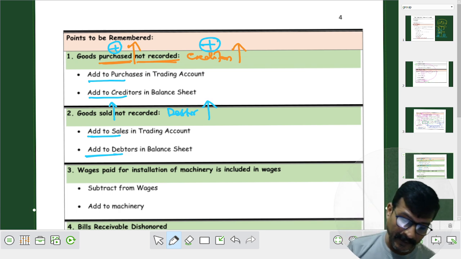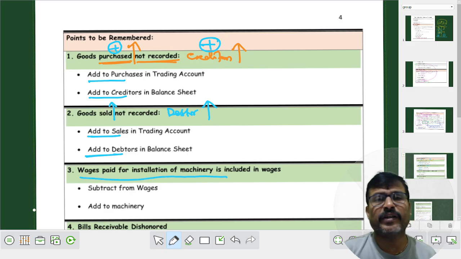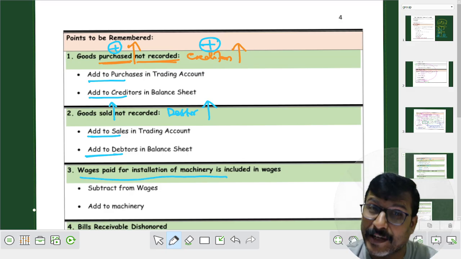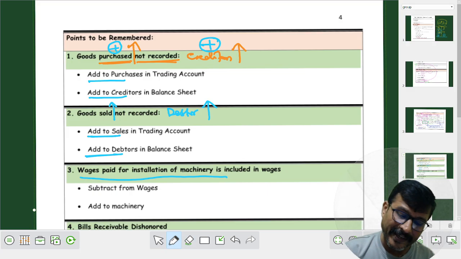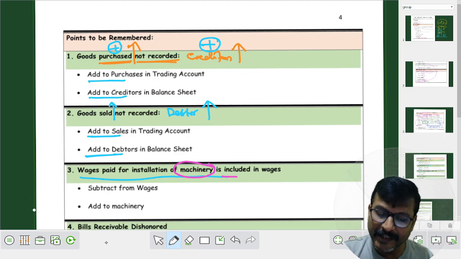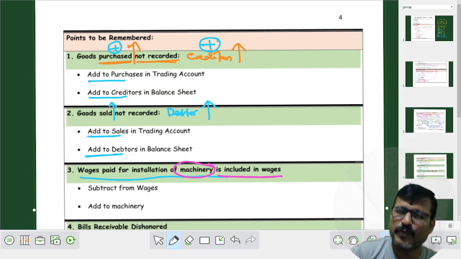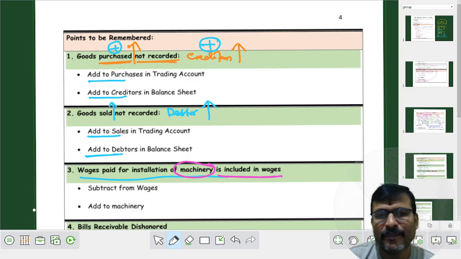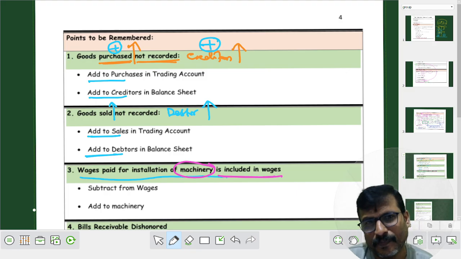Fine. Next, wages paid for the installation of machinery. What did you do? You paid the wages. You paid the wages for what? For installation of machinery, but included in wages. This point was asked recently in the May 2025 batch exam, my dear student, even in January 25 also.